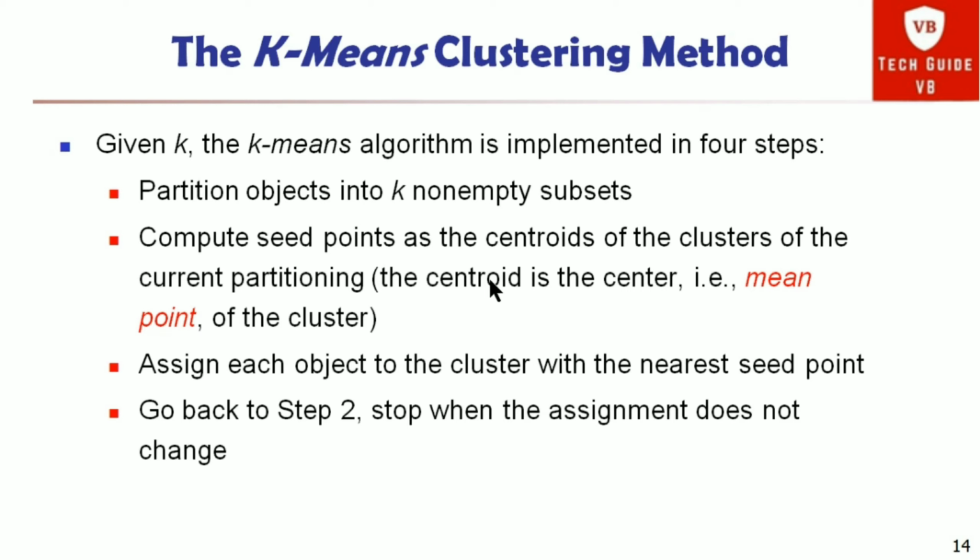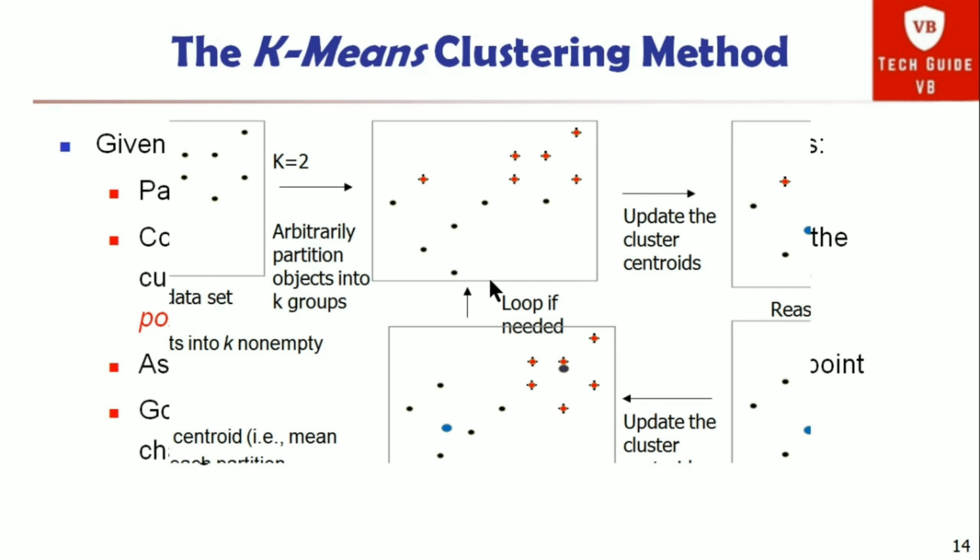The last step is to go back to step 2 and stop when the assignment does not change. It means that when we find the same mean point or centroid of the cluster, we stop. Otherwise we rerun steps 2 and 3. This is the k-means clustering method.